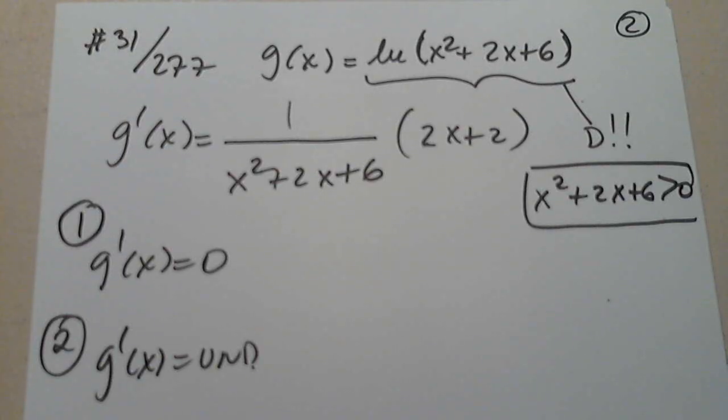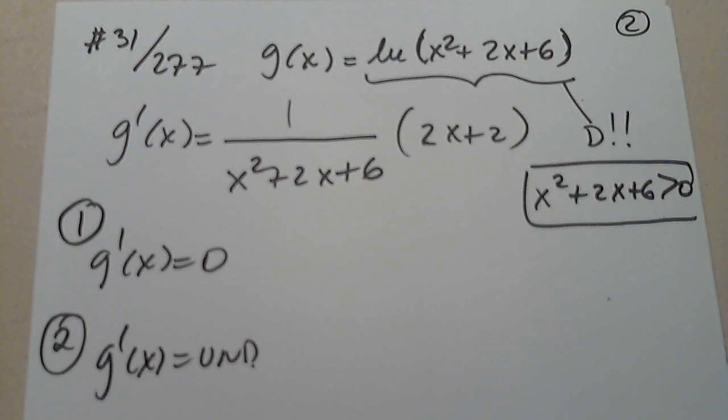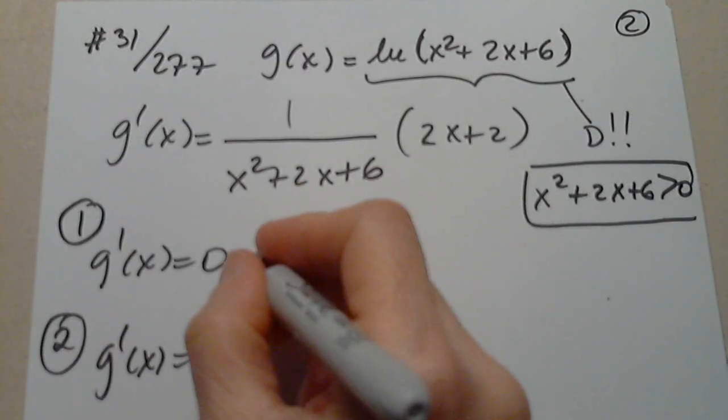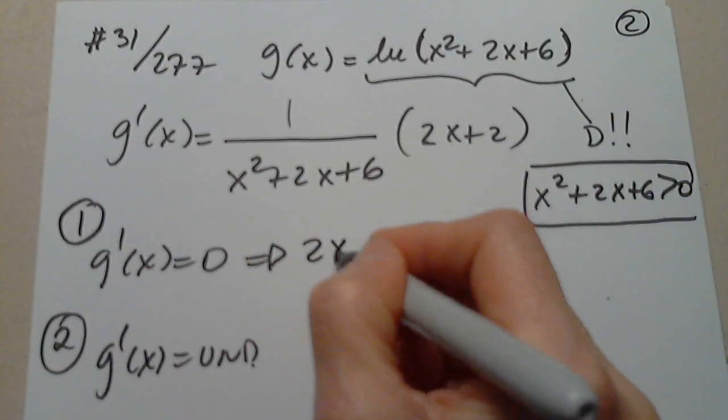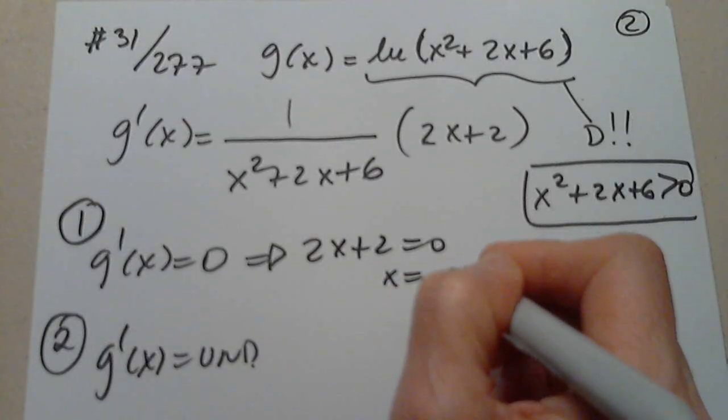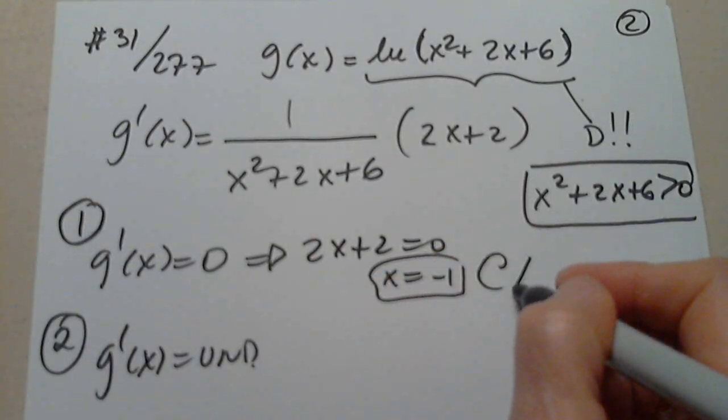This is algebra. We should not need to think. When is a fraction 0? When the numerator is 0? Thank you very much. So 2x plus 2 equals 0 means x equals negative 1. So we found one critical number.